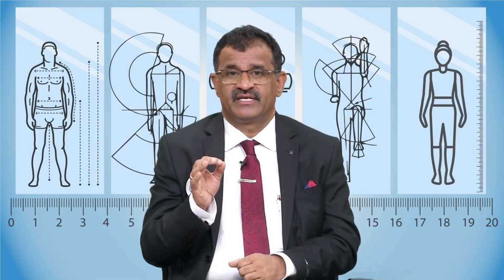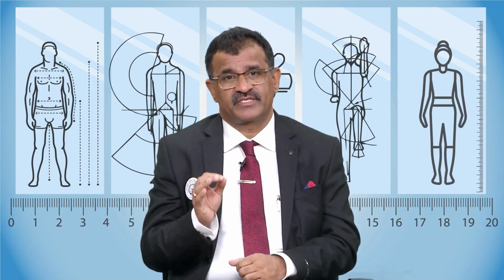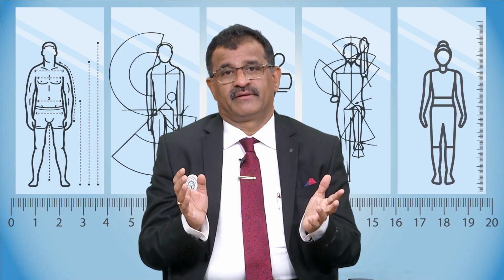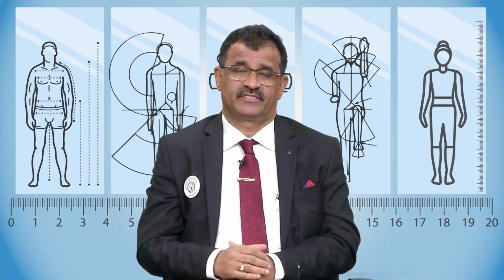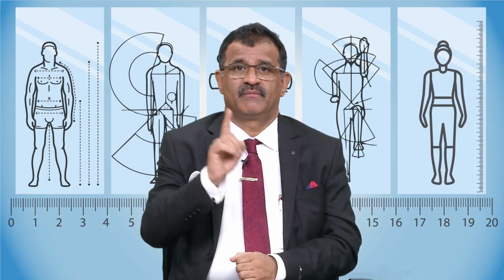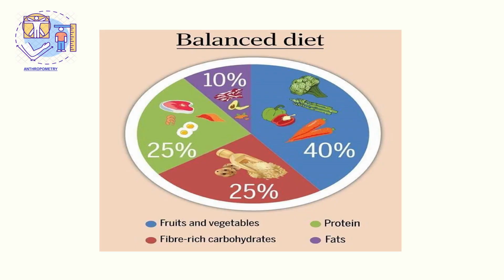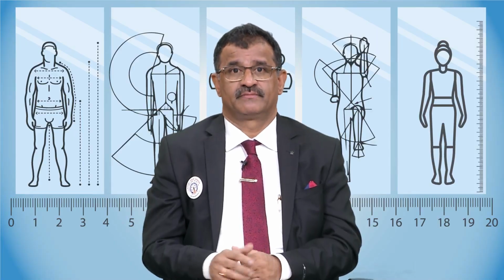The requirement is 25% carbohydrates, 25% proteins, and finally we require less fat, about 10%. This makes a balanced diet of an individual. This image will explain all about a balanced diet required for a fit, nutritionally healthy person.